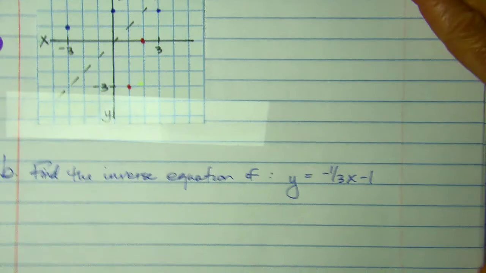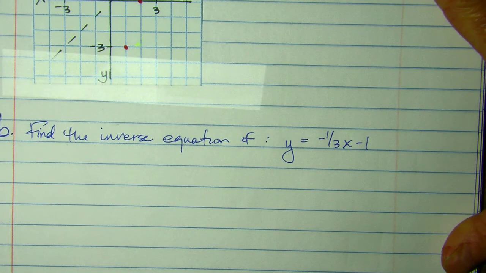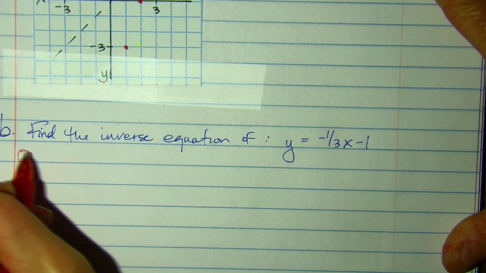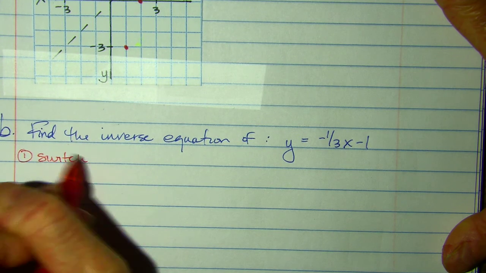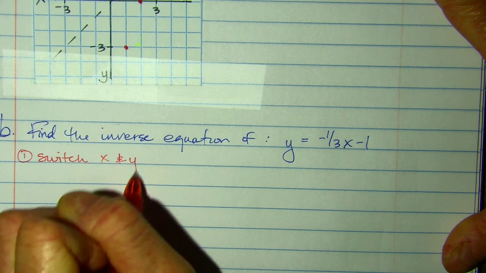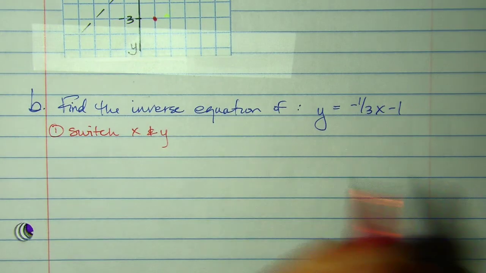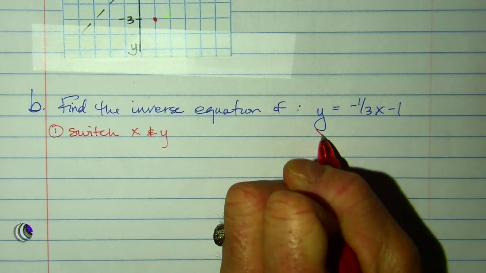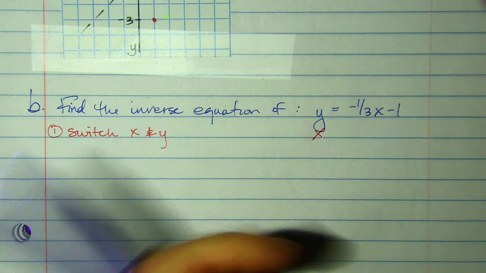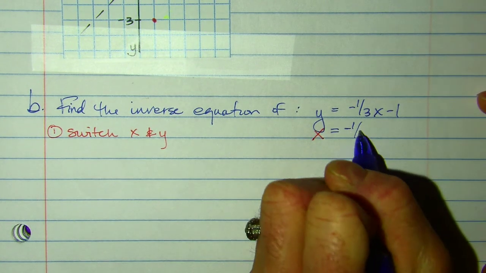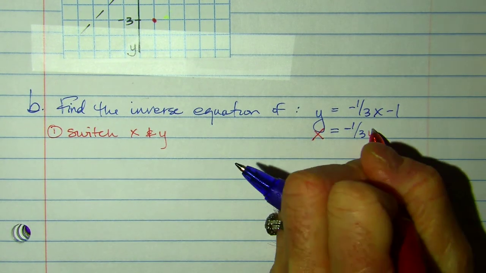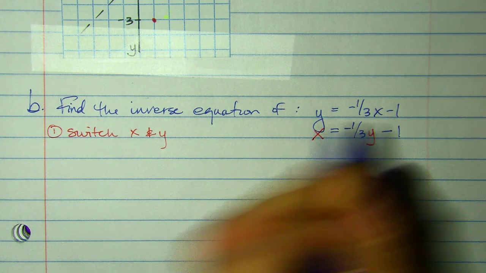The first thing you're going to do, step 1, is switch x and y. Just like we did in the table where we switched x and y, we do the same thing algebraically. So I'm literally going to write x equals negative 1/3 y minus 1.